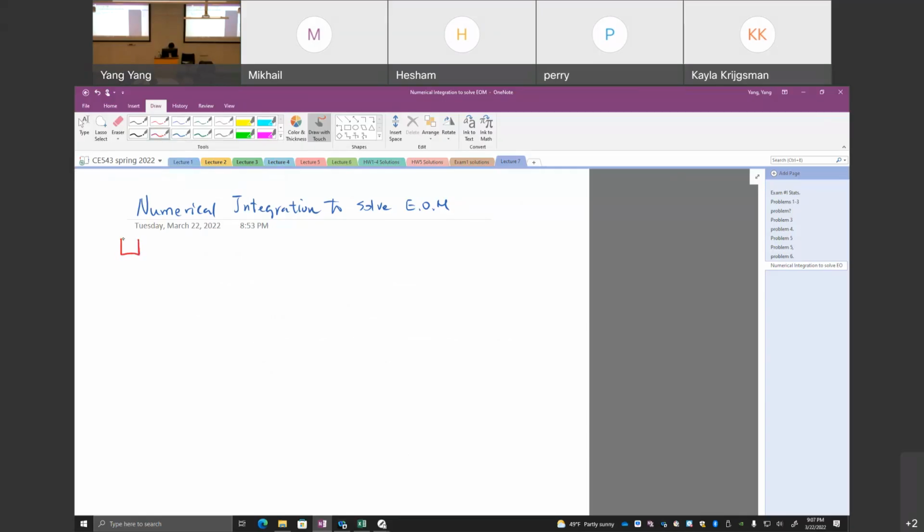the goal of tonight is we need to know how to solve equation of motion using central difference method.